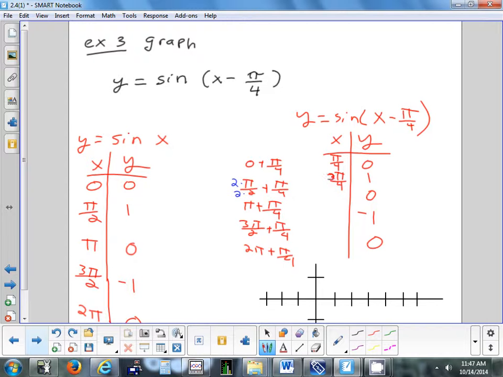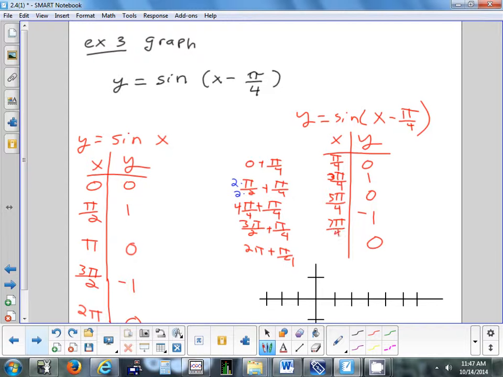Does anybody have a guess what the next x value will be? Yeah? 5 pi over 4? Yeah, it will be 5 pi over 4. The numerator is going up by 2 each time. If you're not sure, find a common denominator. In that case, it would be multiplying top and bottom by 4. And there's your 5 pi over 4. Okay, what about my next x value? 7 pi over 4.